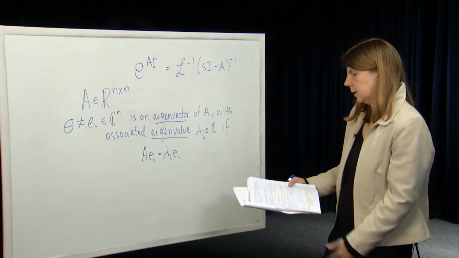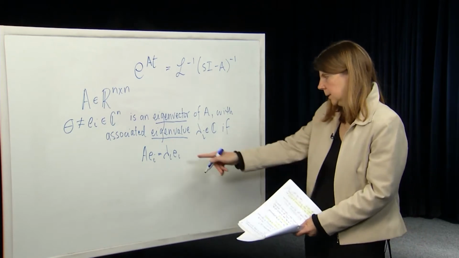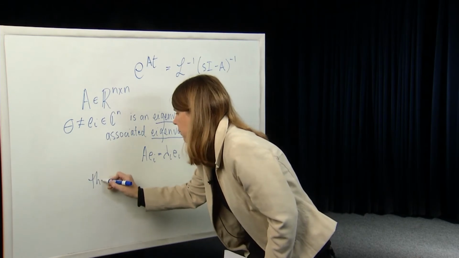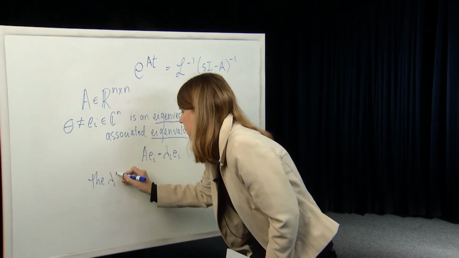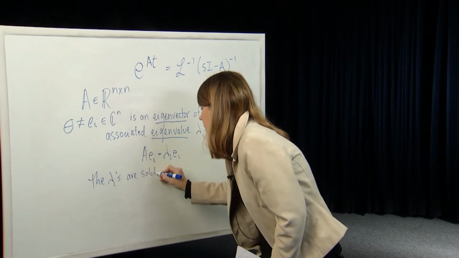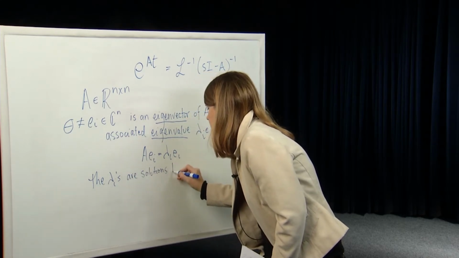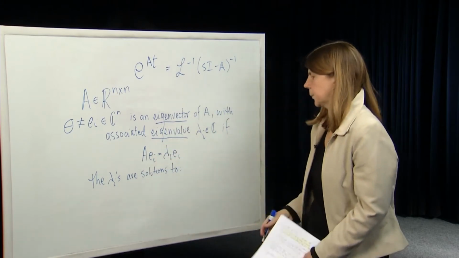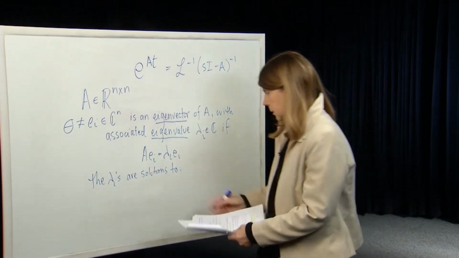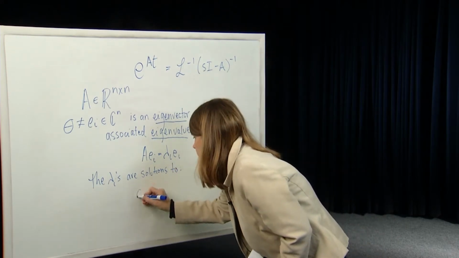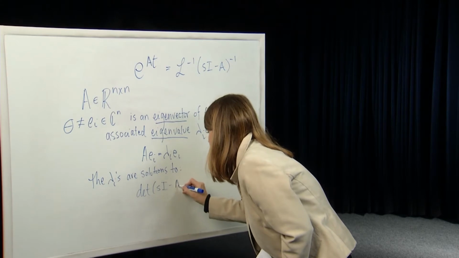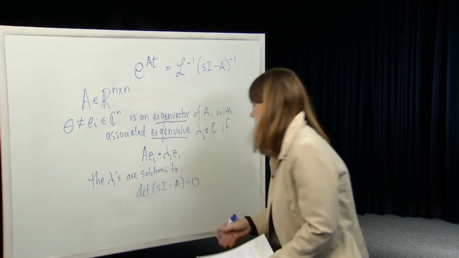Well, if we just look at that formulation, we can see that the lambda_i's are solutions to, and we'll just bring the lambda_i e_i pair onto the other side and write it out as determinant of (sI minus A) is equal to 0.